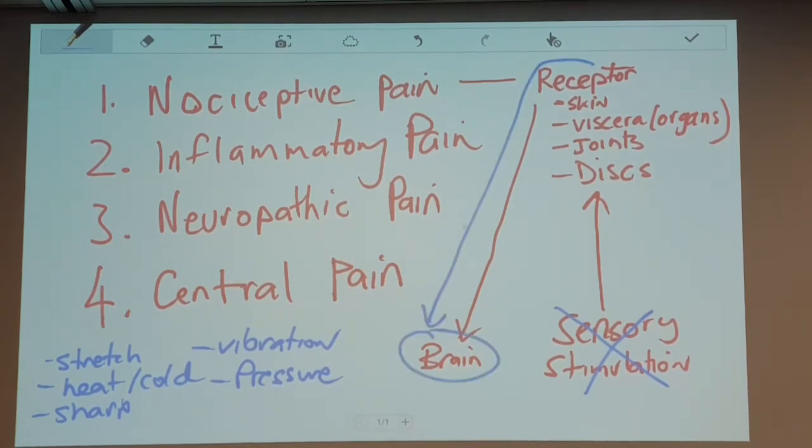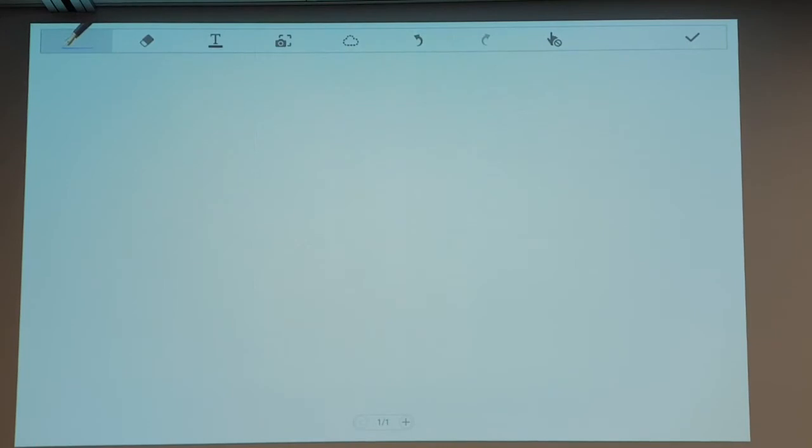Okay, that stops as well. All right, so that's a basic understanding of a nociceptor, and that's why we call it nociceptive pain. Okay, so we've talked about nociceptive pain and nociceptors. Let's now talk a little bit about inflammatory pain.